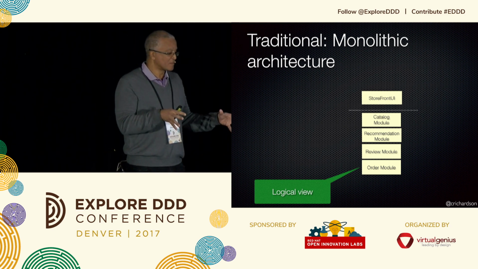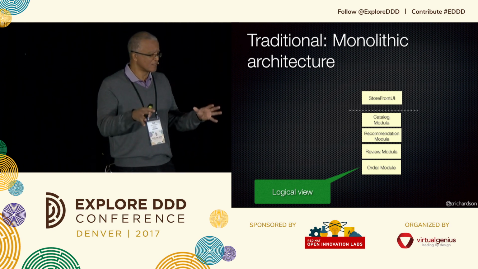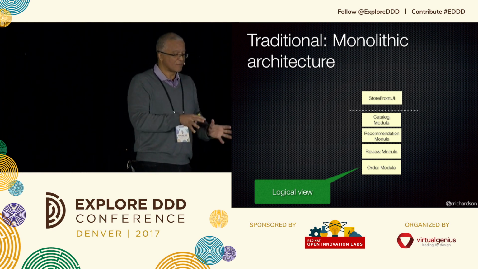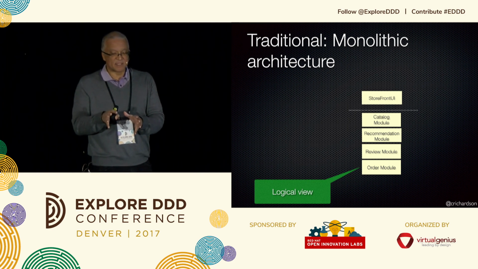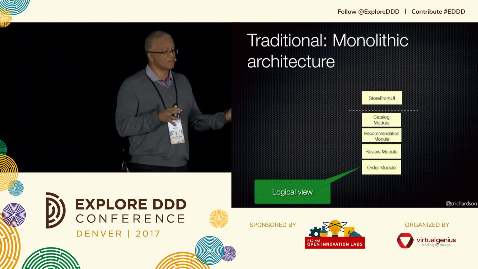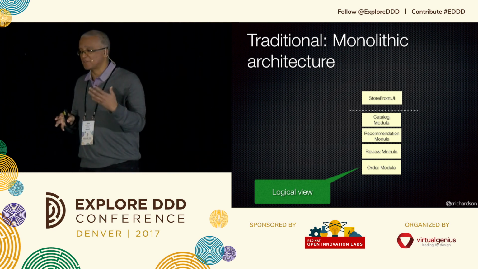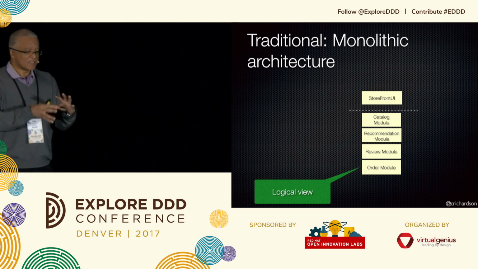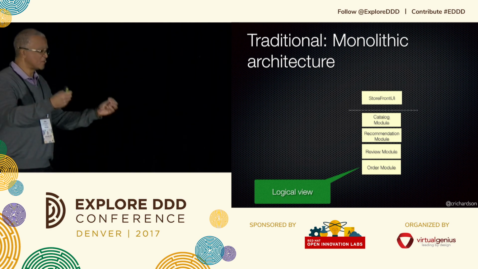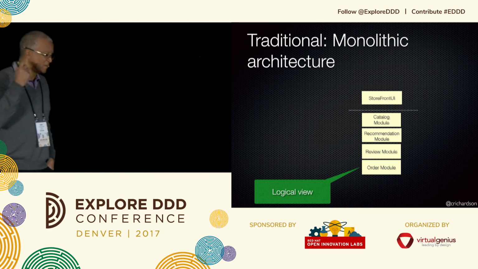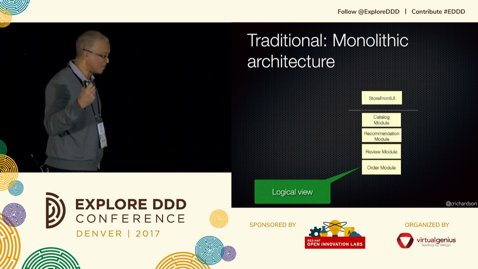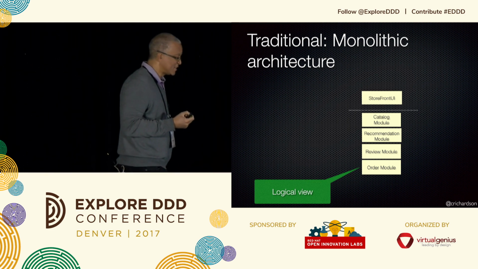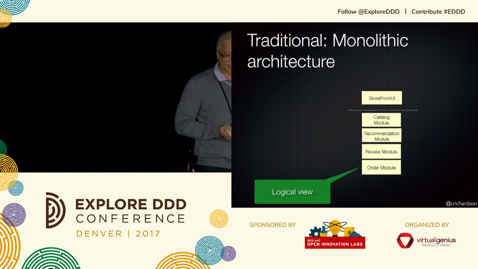You're going to have various modules or packages representing different chunks of business functionality. So a catalog module, recommendation module, review module, order module, and so on. So that's our logical view. And we all strive to build three-tier modular applications that look roughly like this.